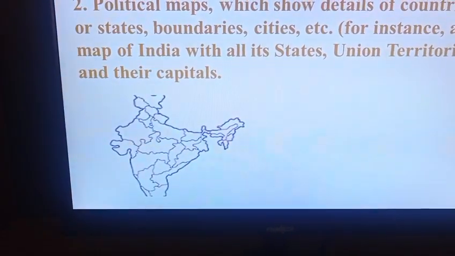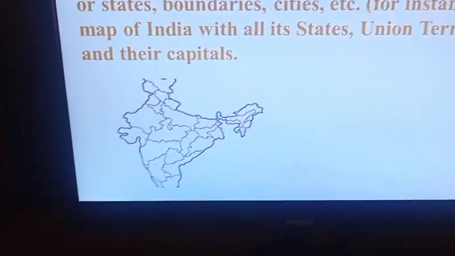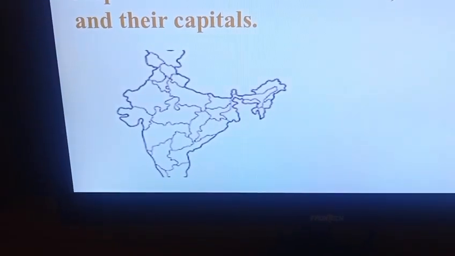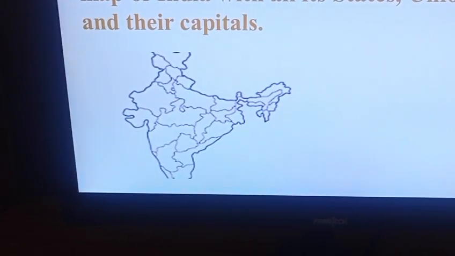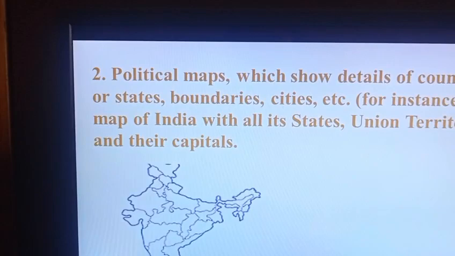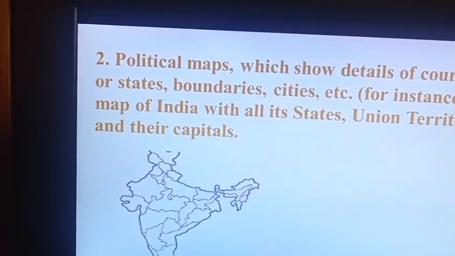Here I have given only a blank map, which is an India map, where all the state boundaries are completely given. So this is the concept of the political map.